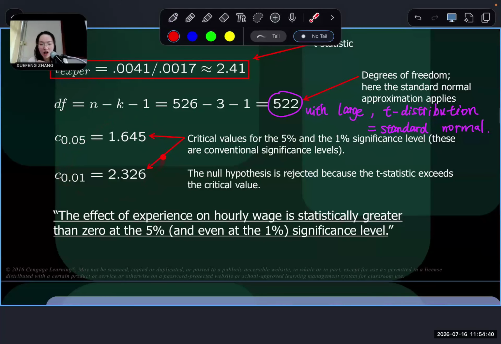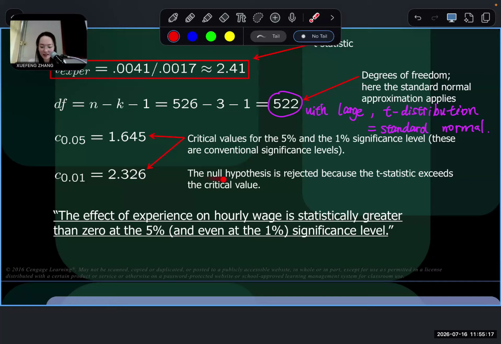Here are two conventional critical values, okay? This is the traditional critical value that we use. The first one, 1.645 for the 5% significance level and 2.326 for the 1% significance level, okay? Our t statistic, which is 2.41, is greater than 1.645 and also greater than 2.326, right?